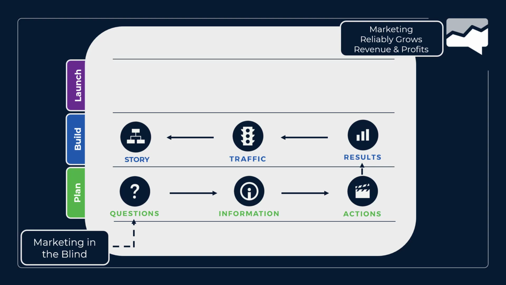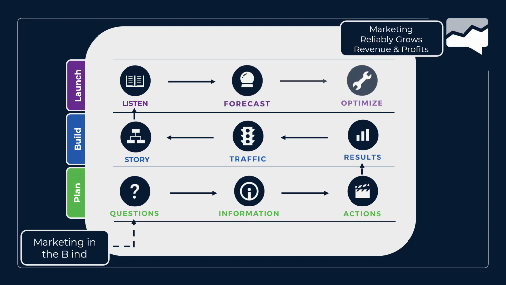Then in your launch, you're listening to that story. That's where you look at the reports and dashboards, understand what they're telling you, and then forecast so you can optimize. Once you're going through that, you're able to reliably grow revenue and profits. And again, it's all part of the measurement marketing framework.